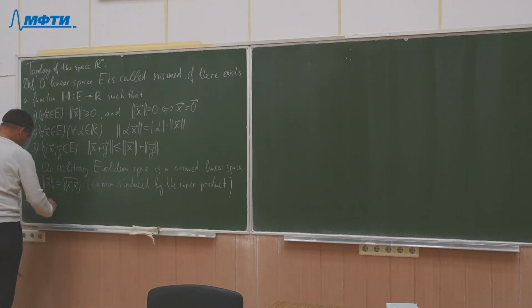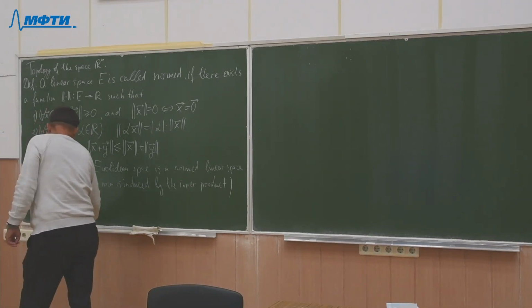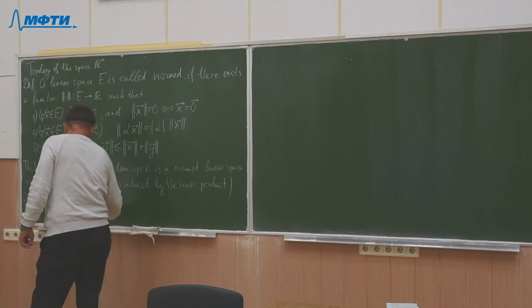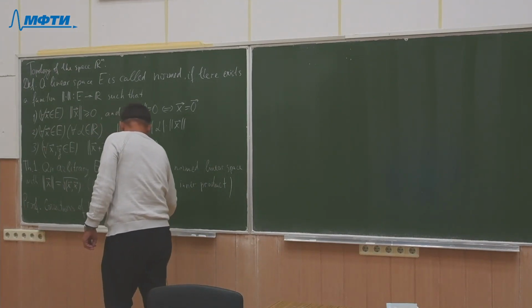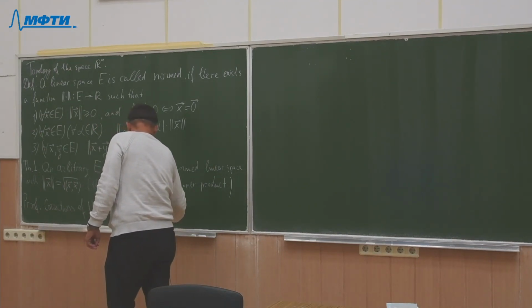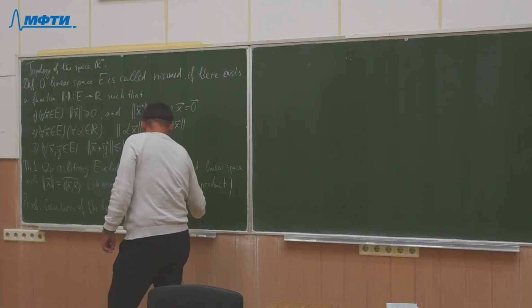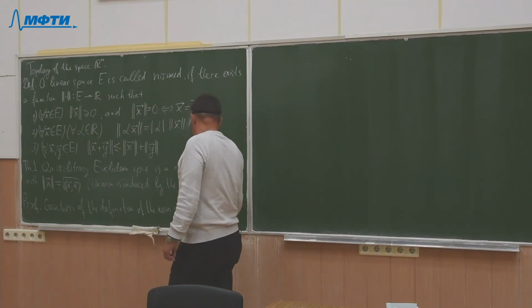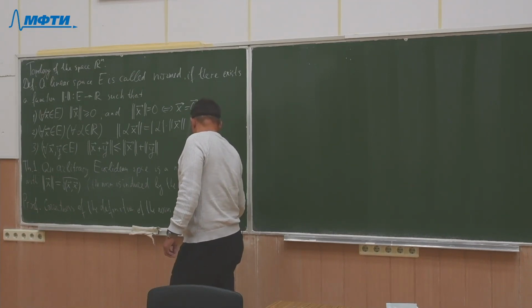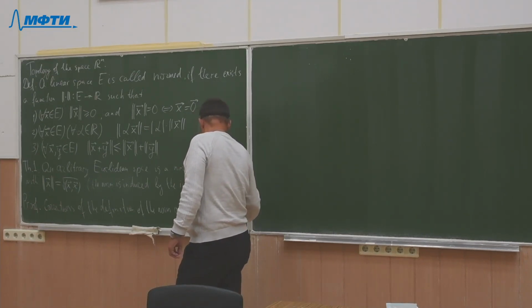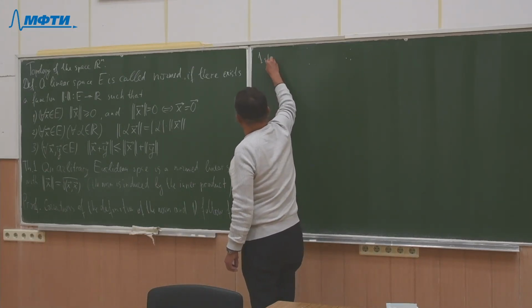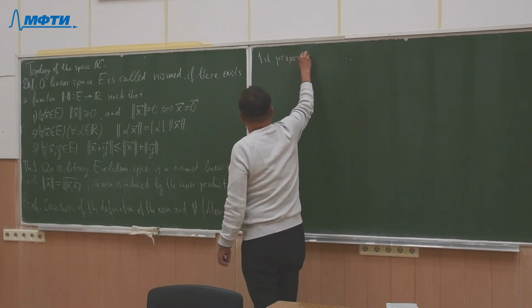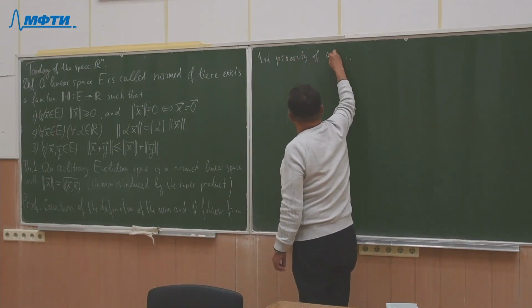So correctness of the definition of the norm and property 1 follow from the first property of an inner product.